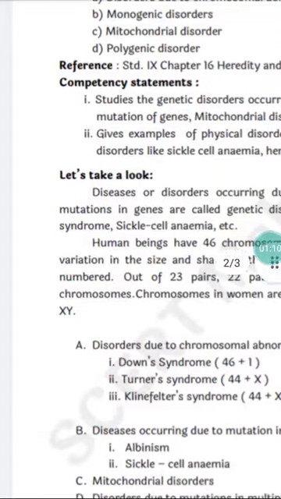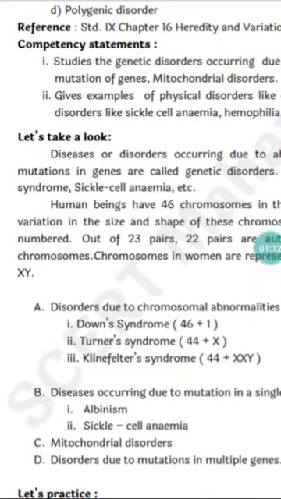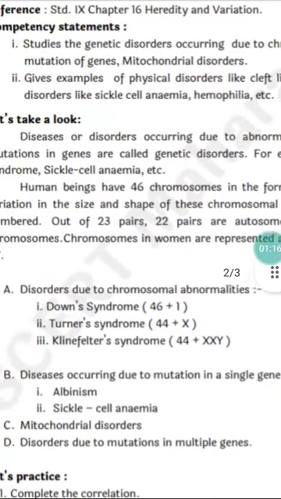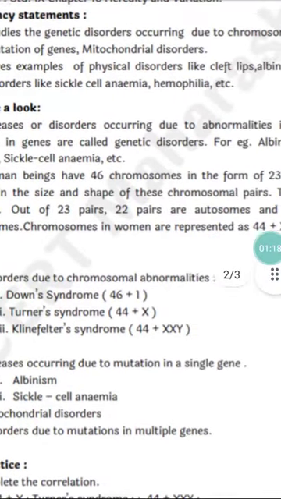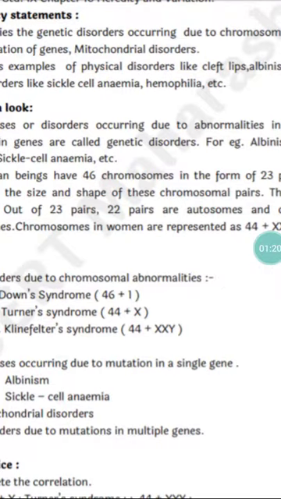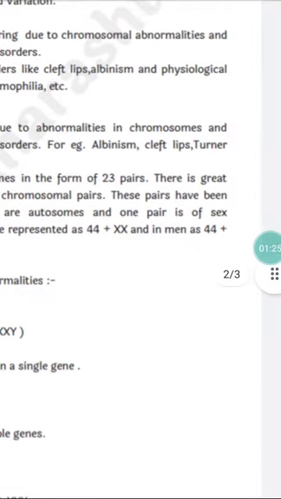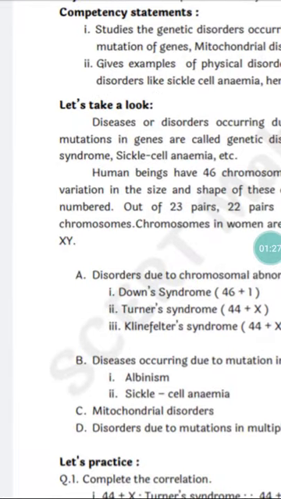Now we will discuss all these. The diseases or disorders occurring due to abnormalities in a chromosome and mutation in genes are called genetic disorders. For example, albinism, cleft lips, Turner syndrome, and sickle cell anemia. You had studied all these disorders in the last year.